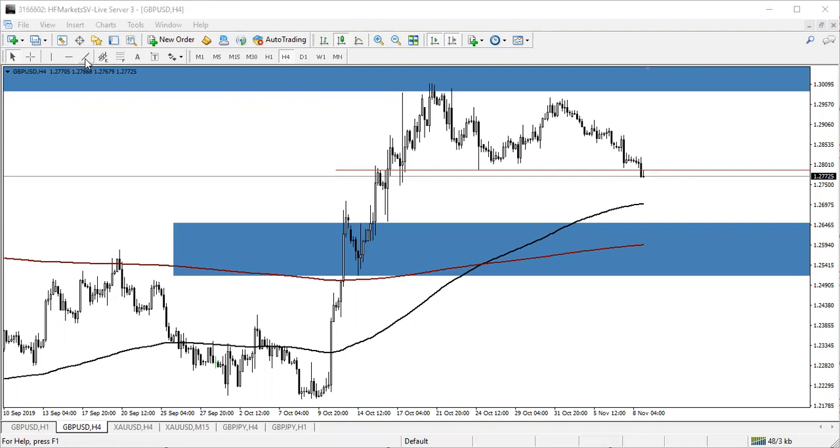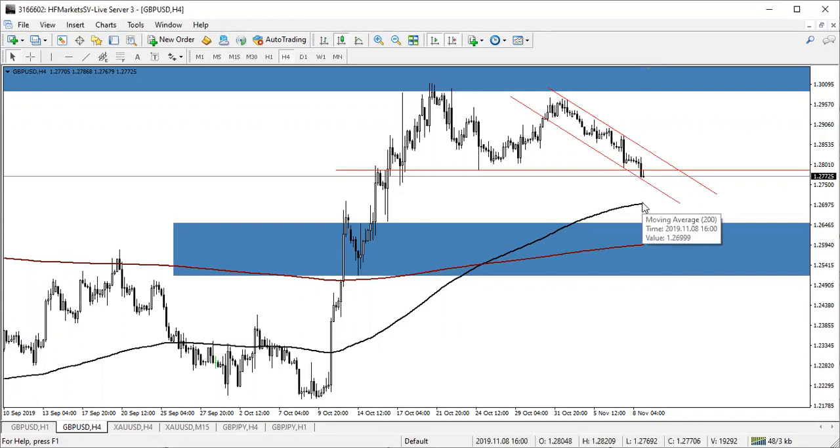Meanwhile, there is a small bearish channel here. So technically, price is at the lower boundary of the channel.